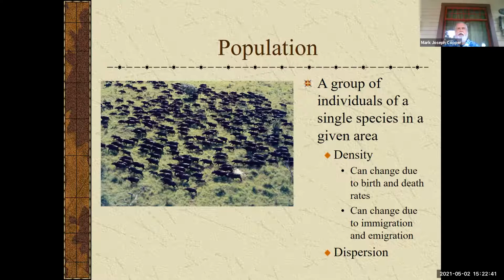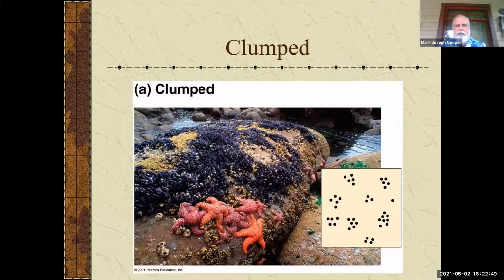Dispersion, on the other hand, is how those individuals are spread throughout that given area. And there's actually three different kinds. The first one we're going to do is called clumped. And that's where individuals are all grouped together. So if you look at this, you can see there's a bunch of sea stars here. Looks like there's some sea stars bunched over here. There's some barnacles, clumped.